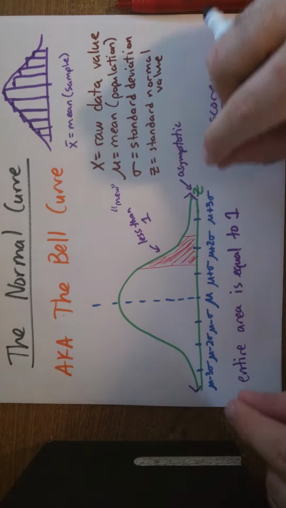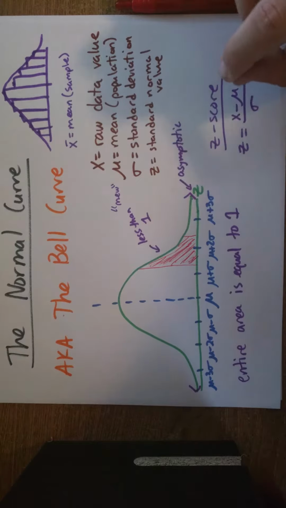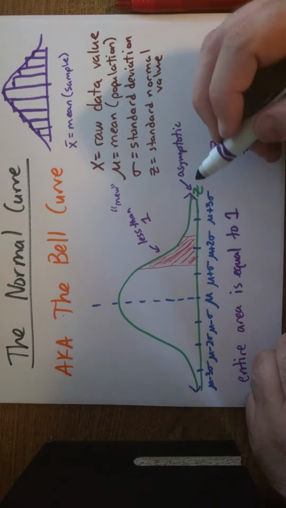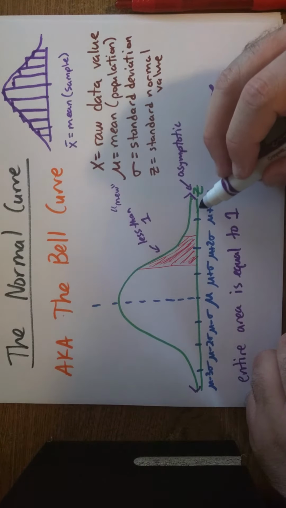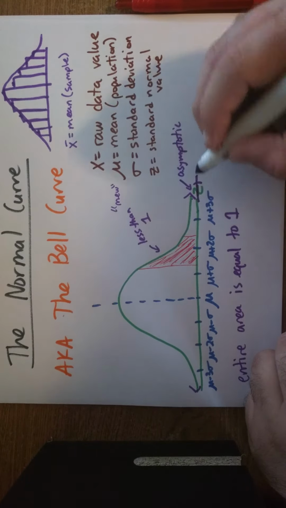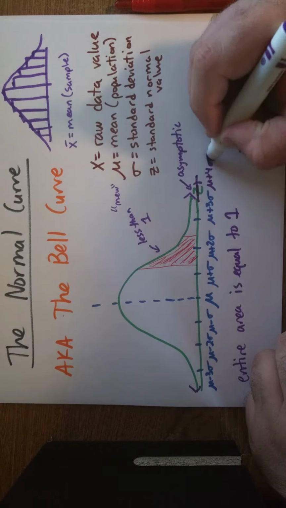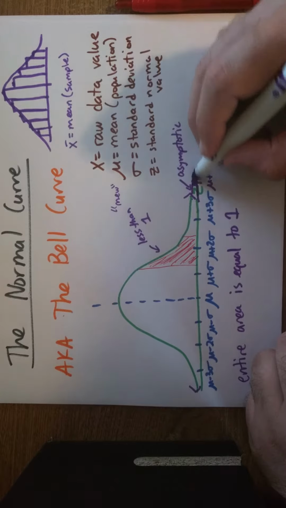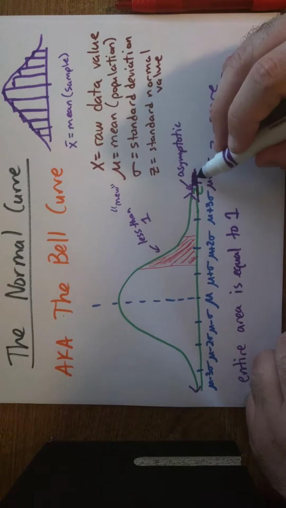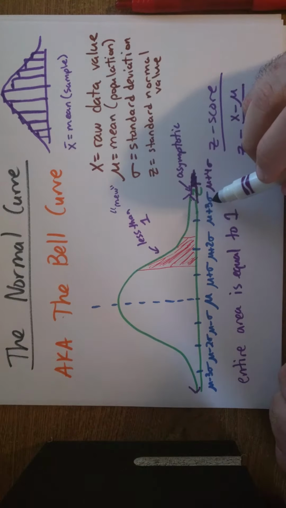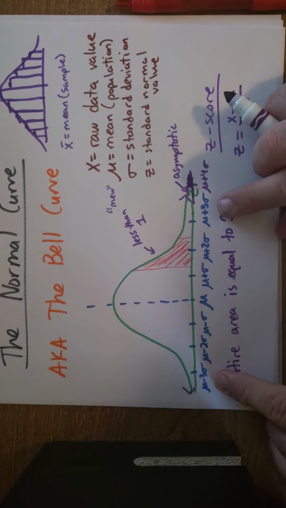It just gets infinitely close as time goes on in both directions. Why does that matter? Because that's the reason why we don't go more than 3 standard deviations on the z-axis. If I was to go a bit further and go to mu plus 4 sigma, if I was to find an area like over here, like shade this in, that area is so small, it's basically 0. So that's why we don't ever go beyond 3 standard deviations in either direction.